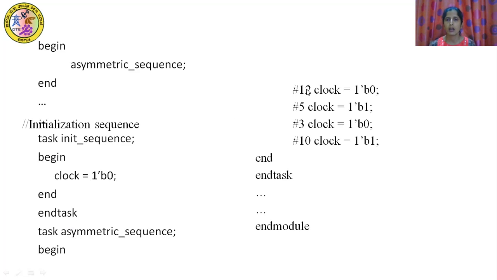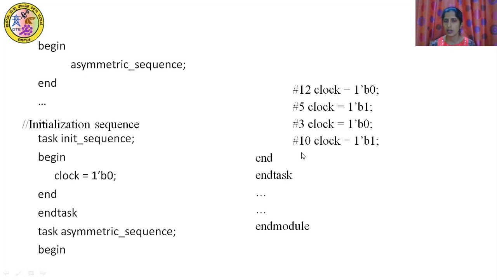So here we have several statements with different delays defined, where the clock will remain in that particular state for that duration of time. So here in this statement, #12 clock equal to 1-bit binary 0. Clock will remain in 0 state for 12 time units. The next statement, clock will remain in 1 state, logic 1 state, for 5 time units, followed by clock in 0 state for 3 time units.